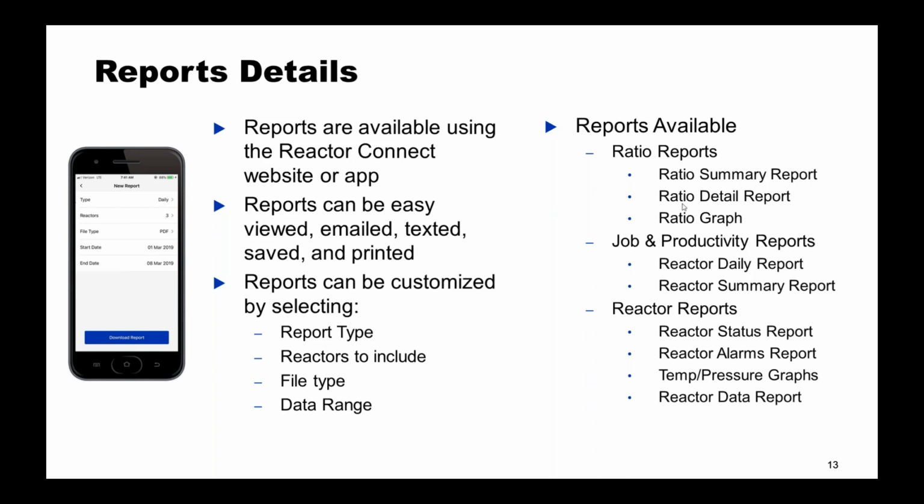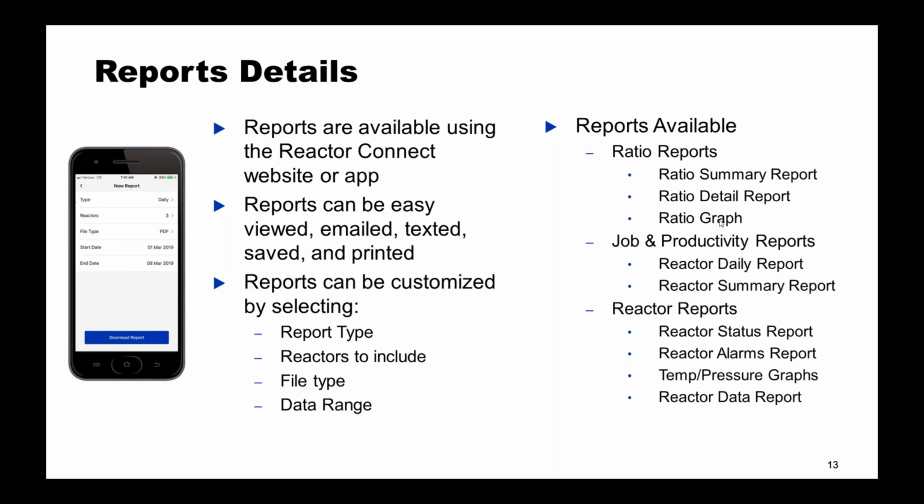You can pick the report, the different reports we have. You can decide what reactors you want to appear on the report. You can decide, do you want an Excel file or a PDF for editing or for sharing? And a lot of the reports are date range driven, so you can select the date range that you want that report to run for: the day, the week, the month. It's really up to you.